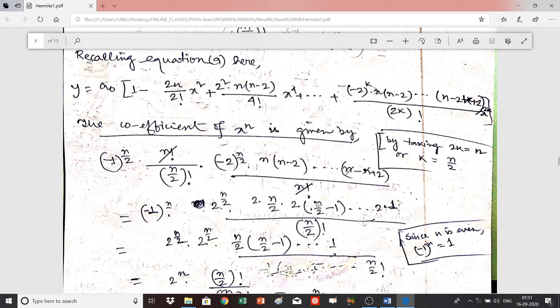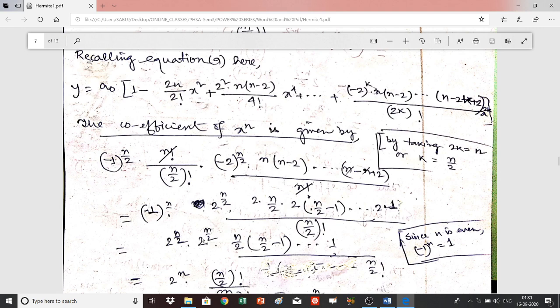So in this series, what you are observing is that 2 is multiplying with all other terms up to n by 2 terms. So there are n by 2 multiplications of 2 in this series.